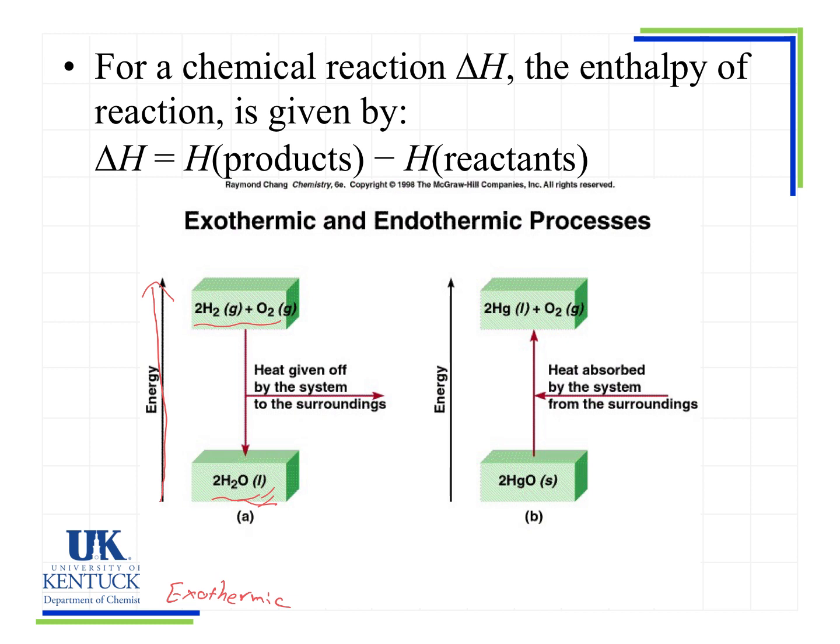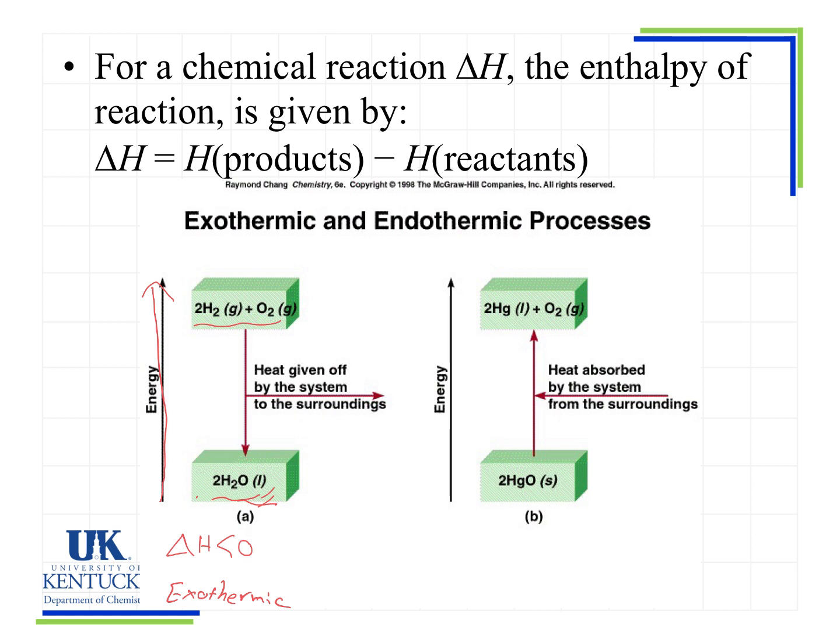If you have a lower value minus a higher value, what would be the sign of delta H? It will be lower value minus higher value, so you get a negative delta H.